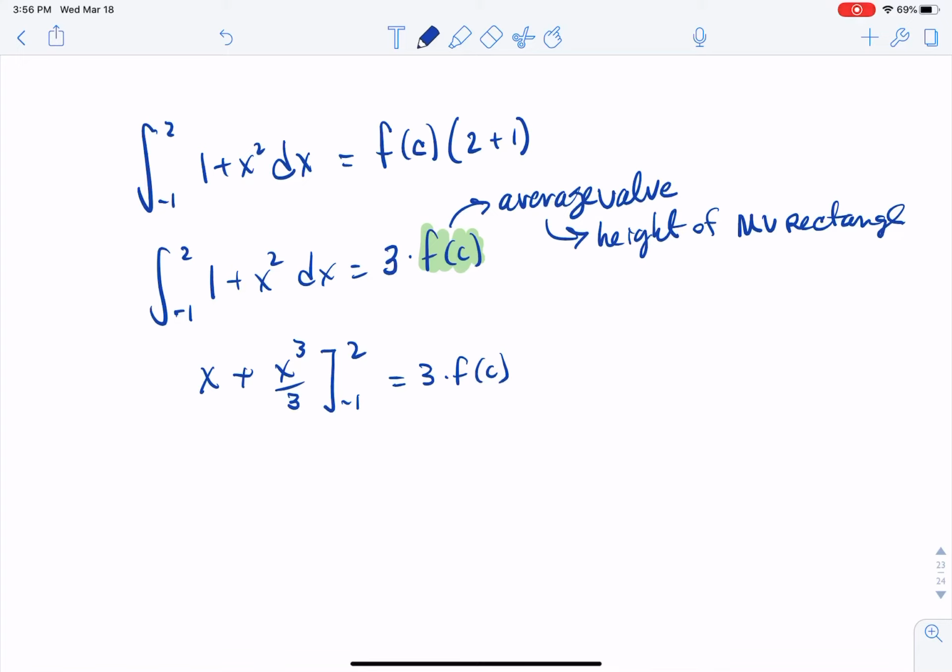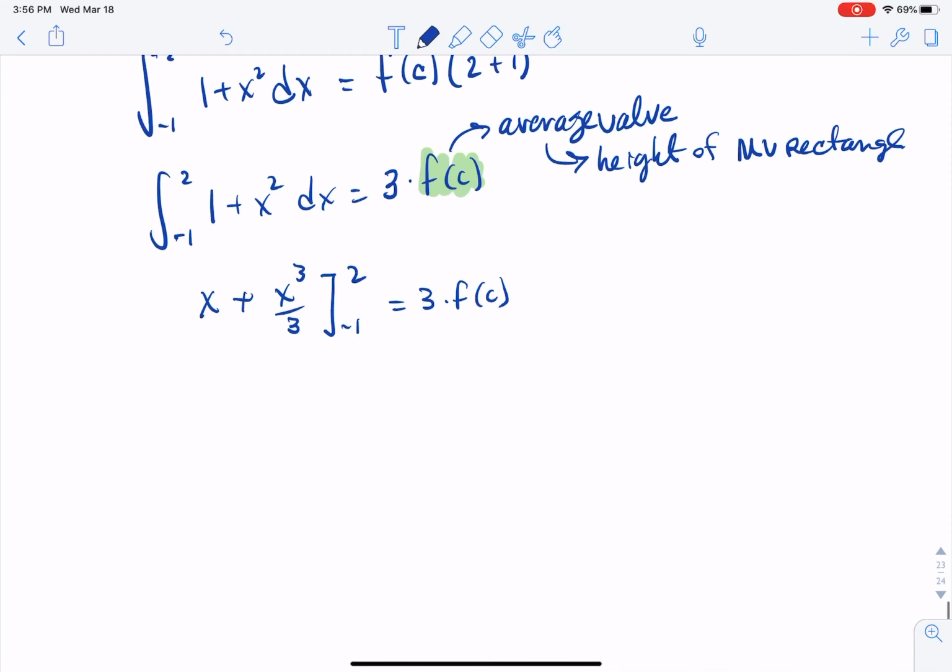Now we're going to plug in our values. We get 2 plus 2 cubed over 3, minus -1 plus... whenever I cube -1, it's going to preserve its negativity, so it'll be -1 over 3. All this is still equal to 3 times f of c.